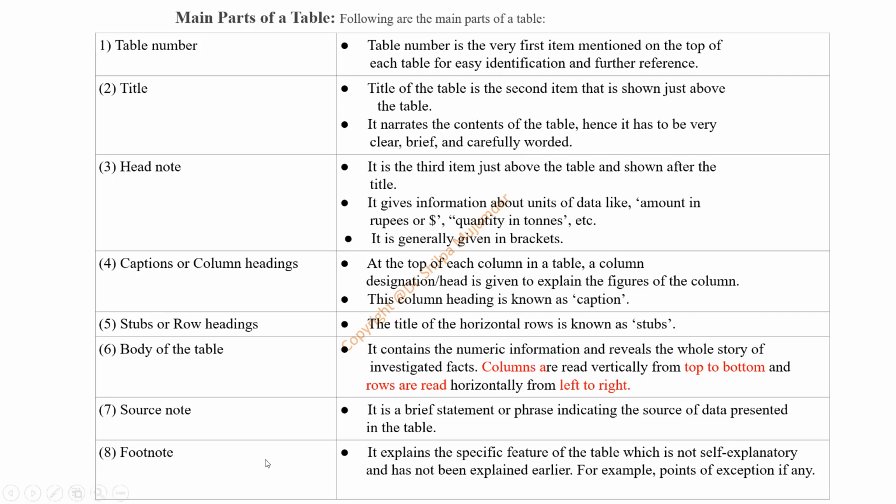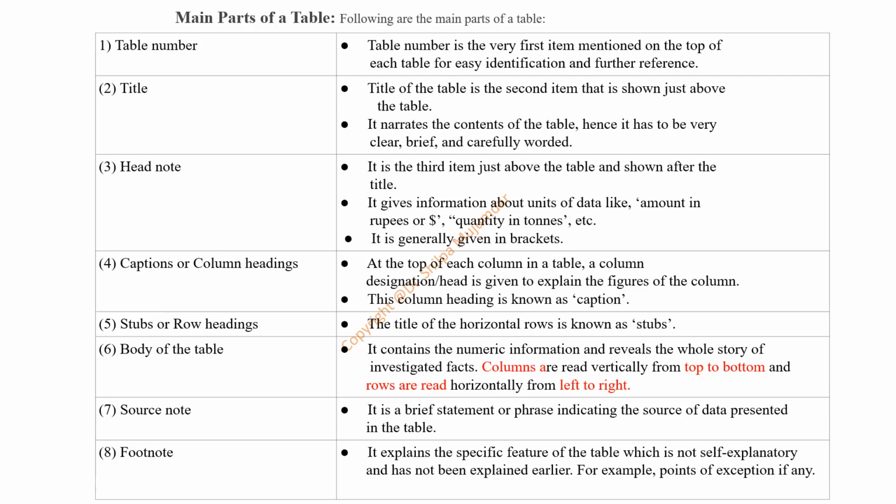Then the next is the footnote. It explains the specific features of the table which are not self-explanatory. So you have added some value or some sign in the table, and that sign must get explained.